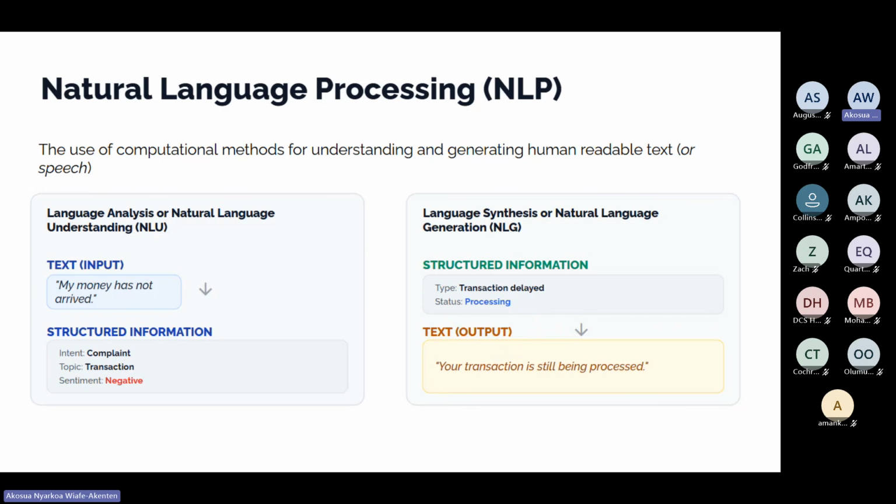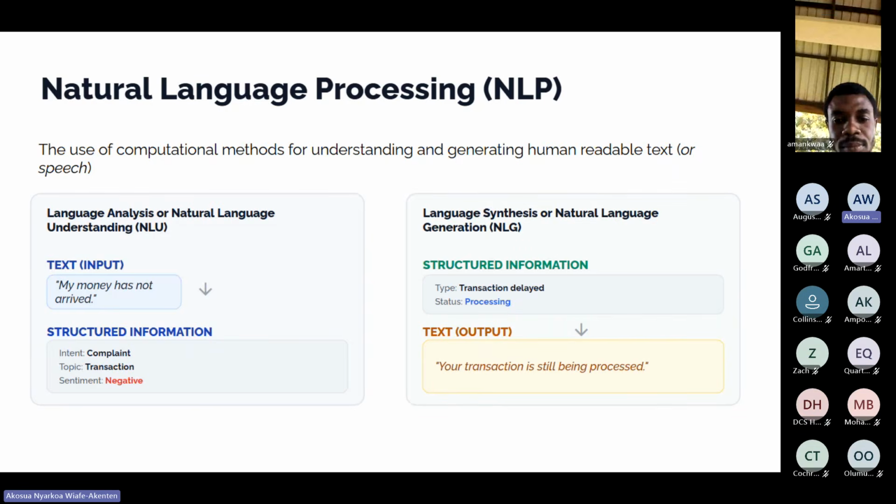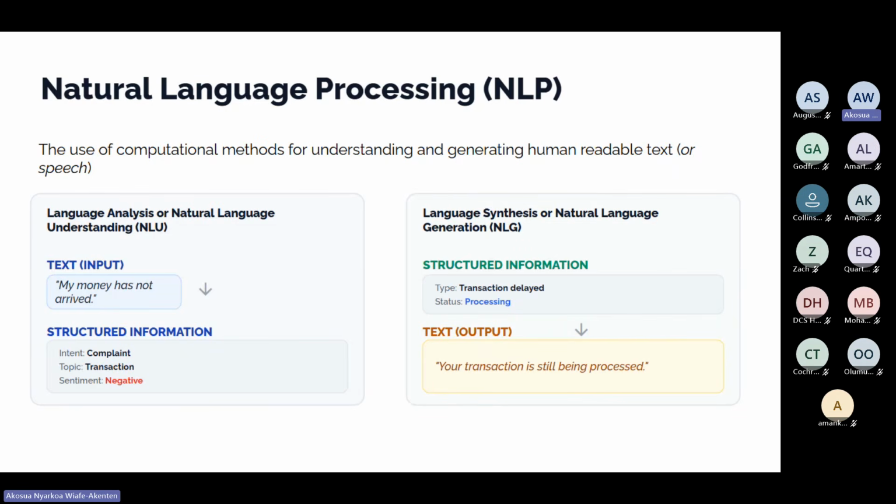Okay. Then we move on to the other side of natural language processing, which is natural language generation. Here, instead of taking in language and turning it into structured information, what you would provide to your system would be structured information, and then that NLP system would generate language that a human can understand.